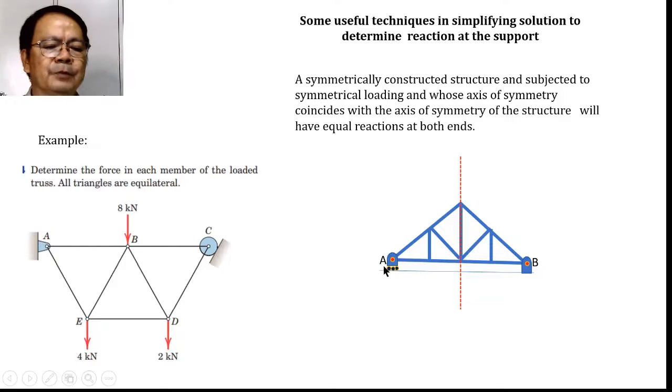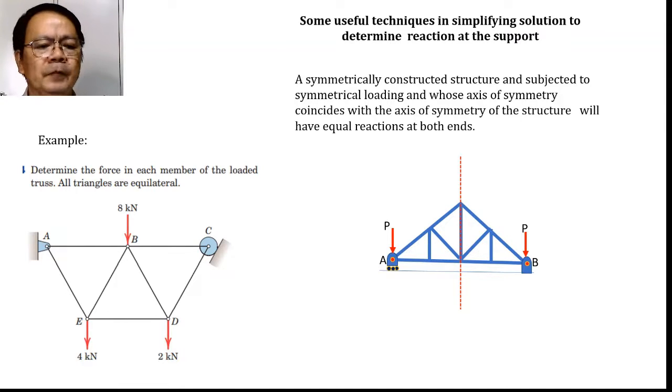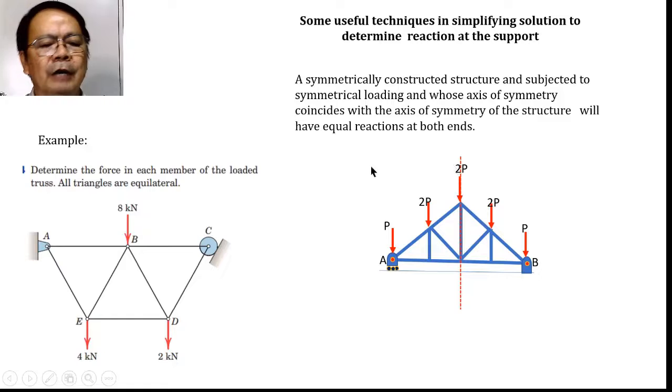Kaya, assuming that this point is our A and this point is our B. Now, if this symmetrically constructed structure is symmetrically loaded. Halimbawa, ano bang isipin ng symmetrical load? Halimbawa, yung load na yan. Symmetrical kasi yung distance niya pareho from the center line. O kaya, ganitong itsura, symmetrical pa rin yan. O kaya kahit lagyan pa ng load dito, symmetrical pa rin yan.